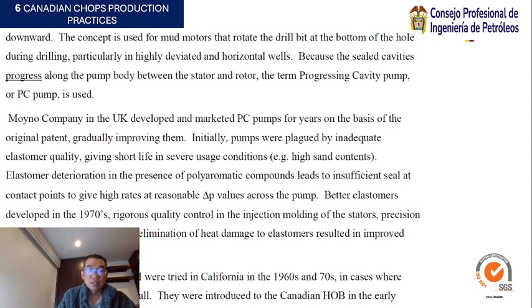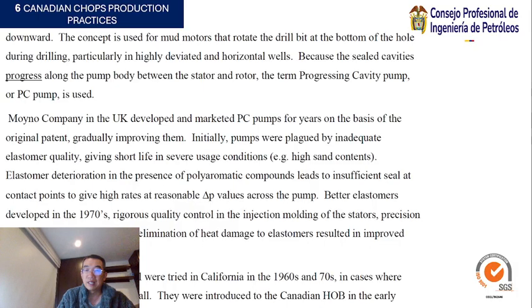Elastomer deterioration in the presence of polyaromatic compounds leads to insufficient seal at contact points to give high rates at reasonable depth values across the pump.